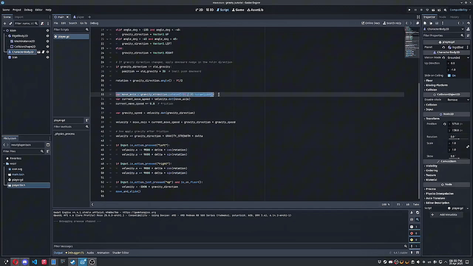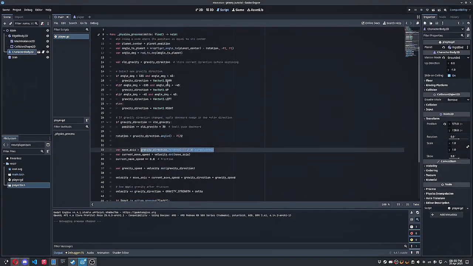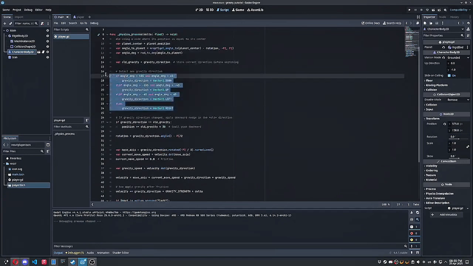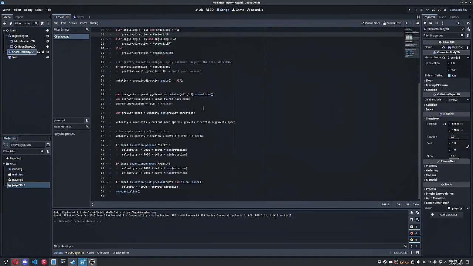We take our move axis, which is just our perpendicular axis to the gravity direction, because we rotate it by negative pi over 2, which is the same as negative 90 degrees. And then we normalize it, which we don't have to do because we're only using the constants for the vector.